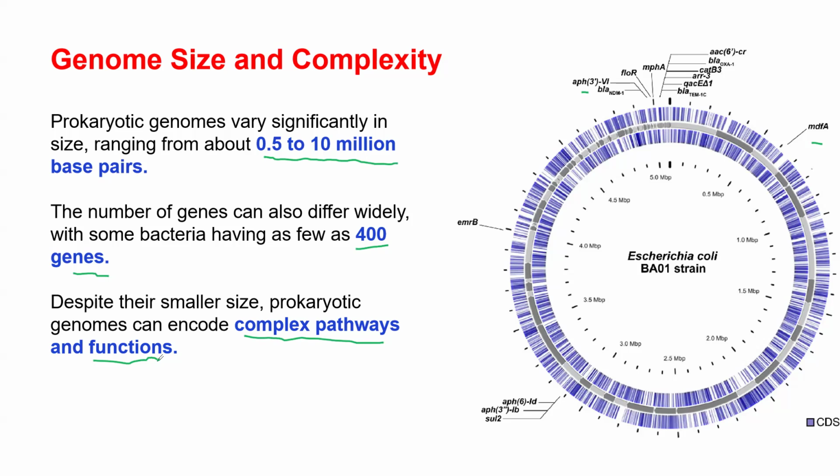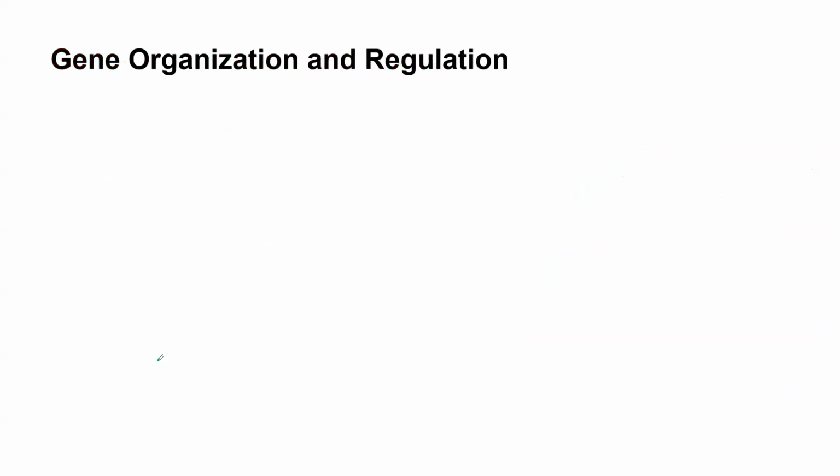Those that have larger genome sizes have around 5,000 genes at most. But you can have some with as few as 400, and that is enough to sustain the life of the organism. Despite their small size, prokaryotic genomes can encode complex pathways and carry out all the life processes.